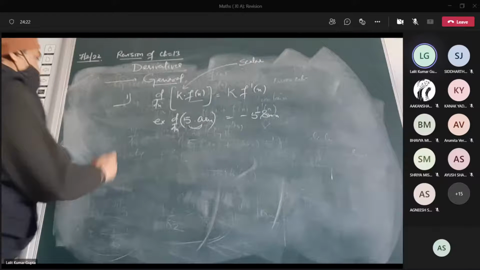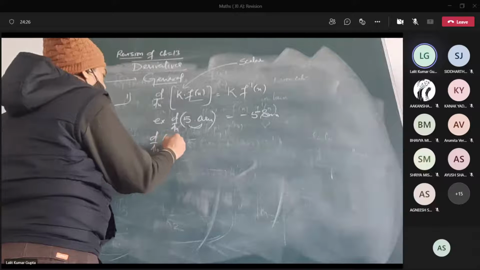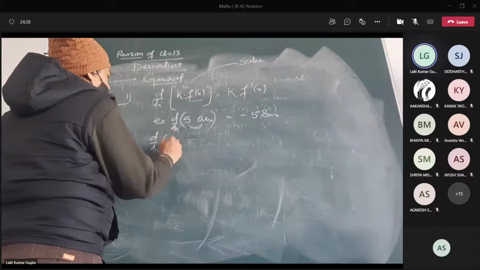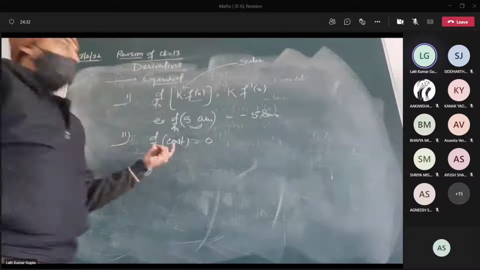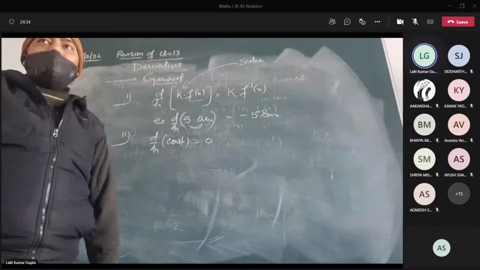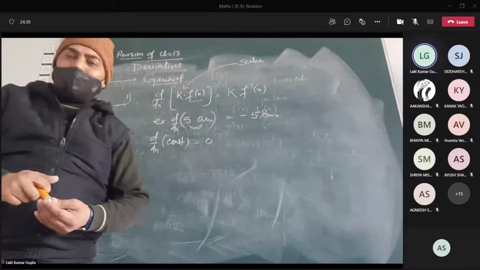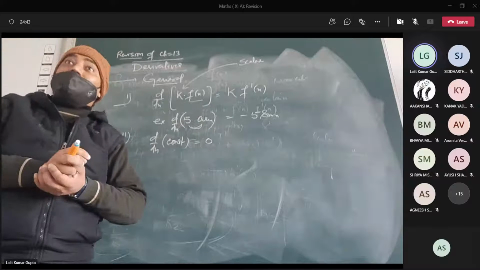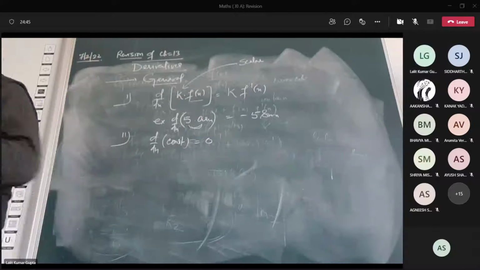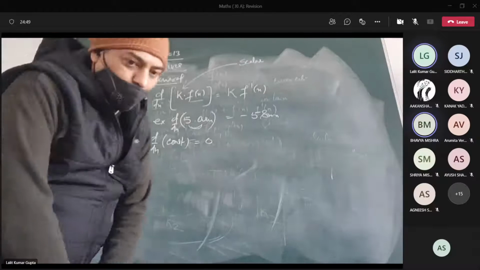In general, second, the derivative of a constant, you know that it is equal to 0. I have given you the definition of constant in terms of mathematics, beta. Can anyone please tell me what is constant, beta? Which is fixed is called constant.